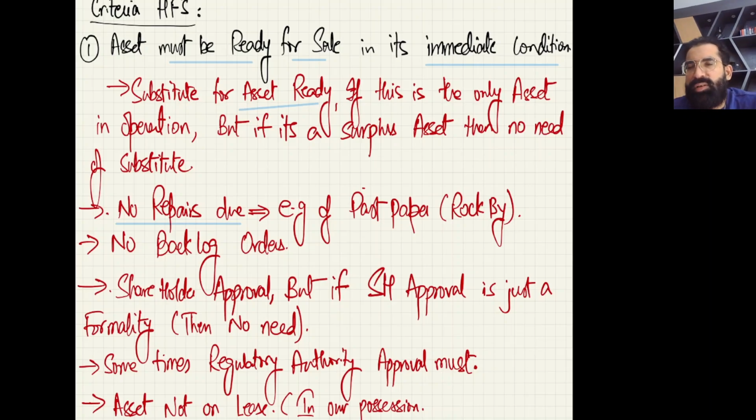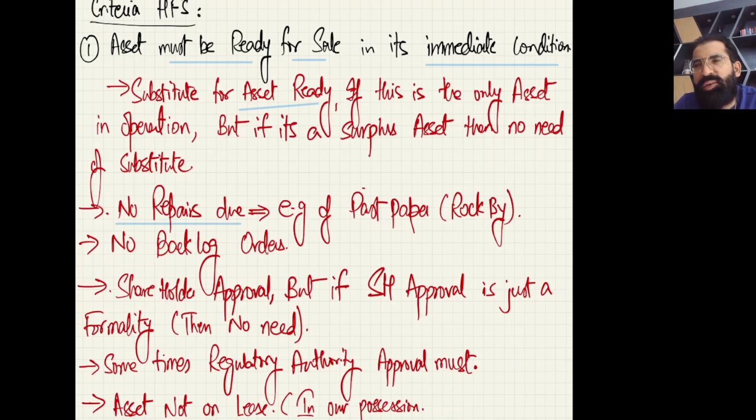For example, in a past paper, many years back, the examiner tested a question. The name of that question was Rock Buy, and in that question we had a building, and we were saying that we want to classify it as held for sale.